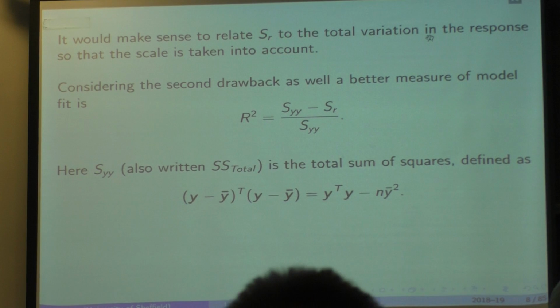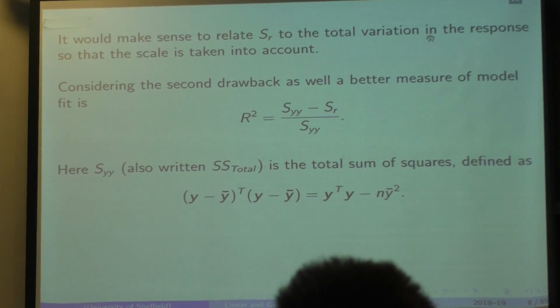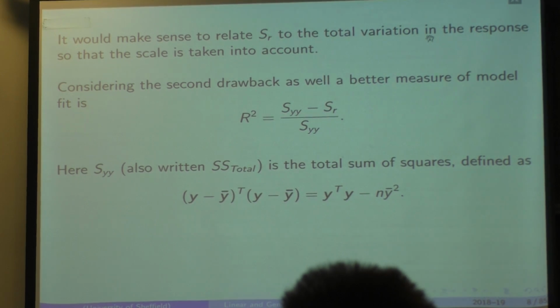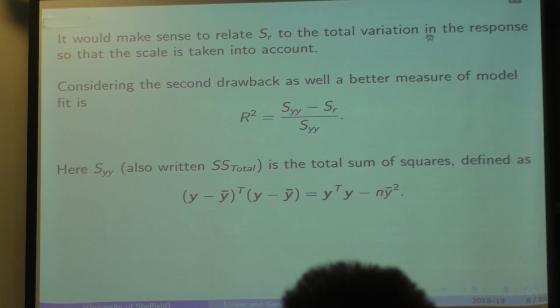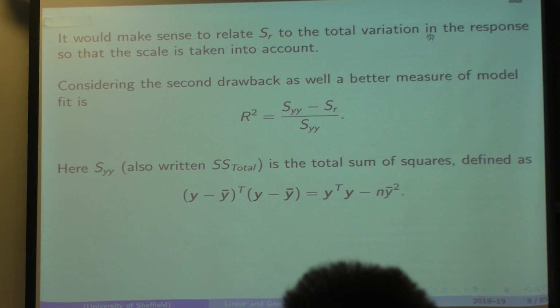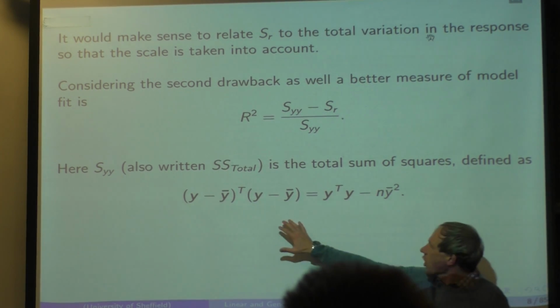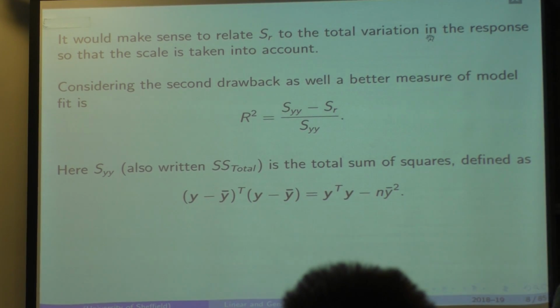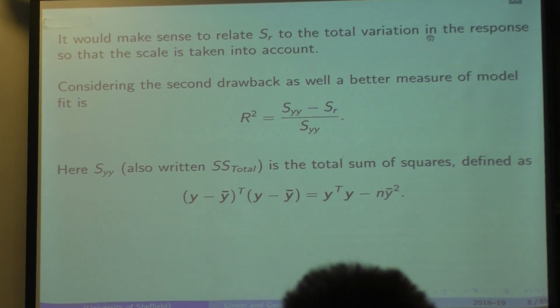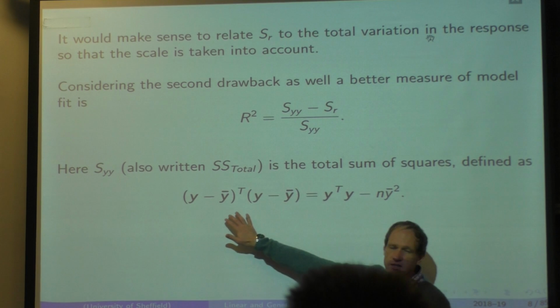So we get y minus y bar, the observed values minus the mean of the data, and we do the same residual sum of squares thing: we sum the differences between the observations and the mean of the observations, and we square them. And this is simply writing that in vector form.